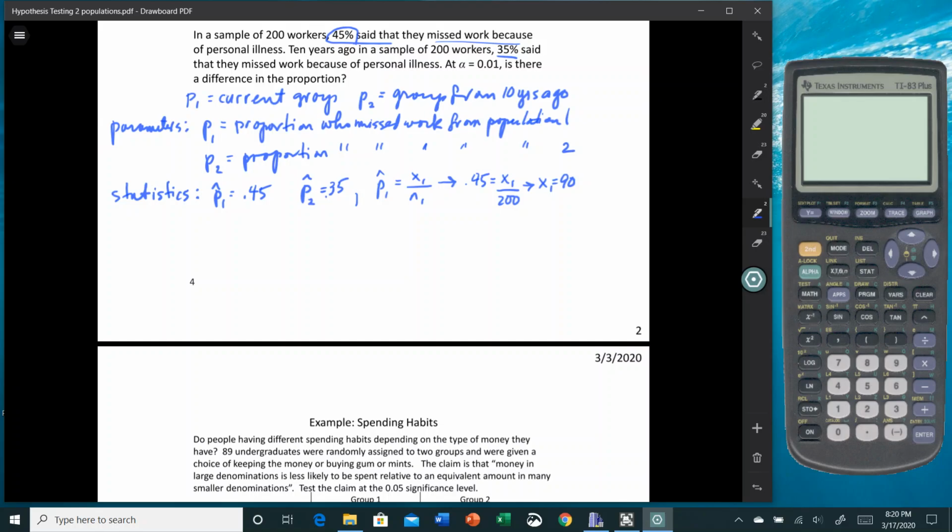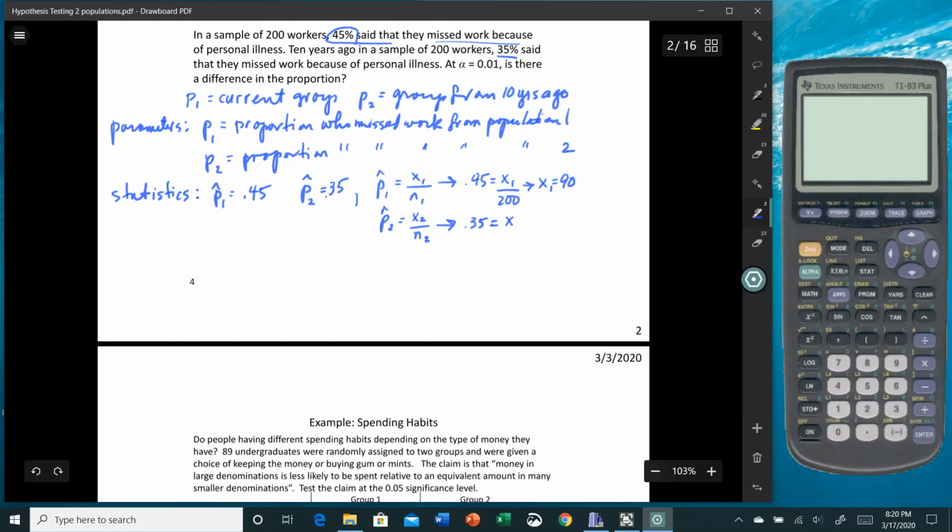Now for P2, hat is X2 over N2. So P2 hat here is 0.35, and that's in the older group, the group from 10 years ago.